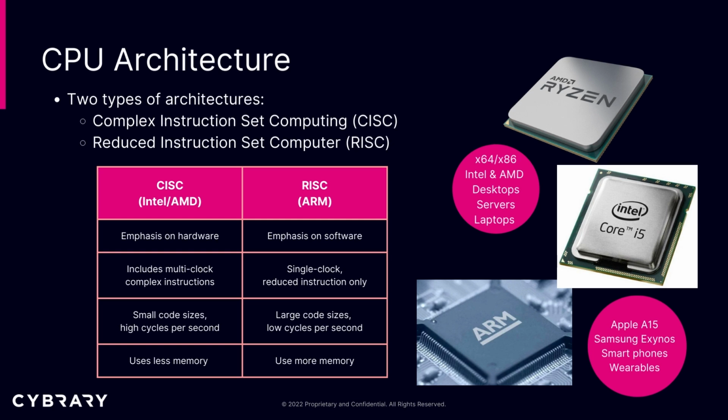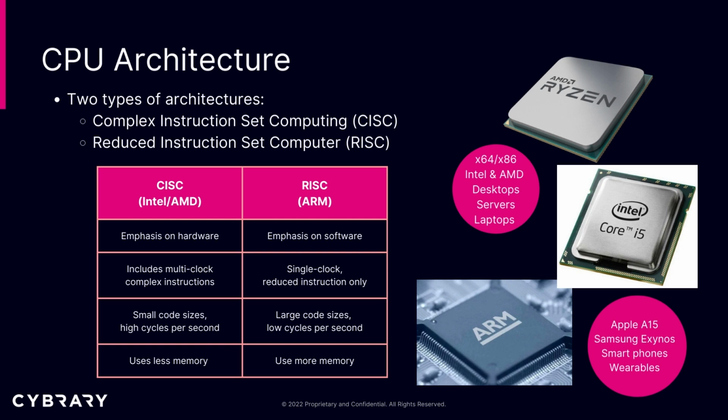For the CISC, or the Intel and AMD processors, it emphasizes hardware and includes multi-clock complex instructions, small code sizes, high cycles per second, and uses less memory. Whereas RISC focuses on the emphasis on the software: single clock, reduced instructions only, large code sizes, low cycles per second, and uses more memory.